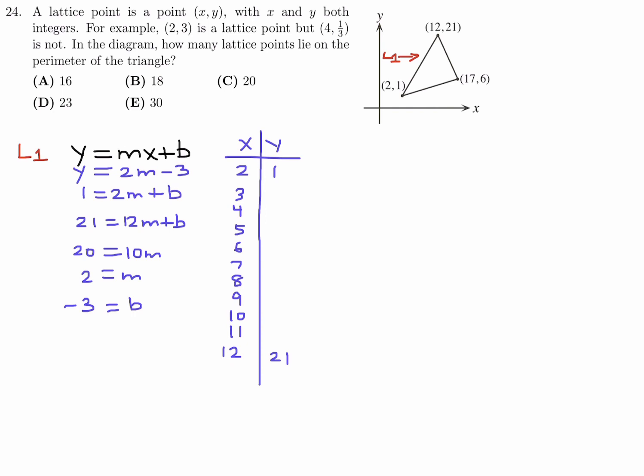But we have to figure out how many of these will give y values that are integers. Without going through the math for this equation, you will quickly realize that no matter what integer value you put in for x, y will also be an integer. So that saves us a lot of time if you can recognize that. That means all of these will give integer solutions. And how many of them are there? There's 11 of those.